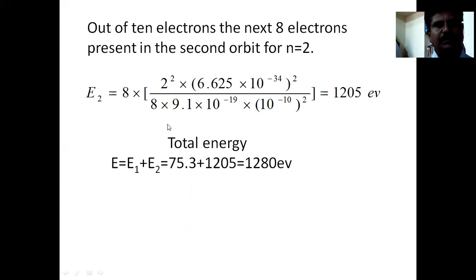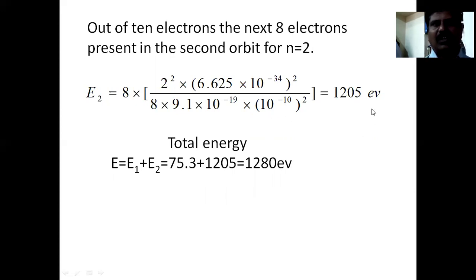Therefore, 8 into 2 square into 6.625 into 10 to the minus 34 whole square, divided by 8 into 9.1 into 10 to the minus 31 into 10 to the minus 10 whole square.